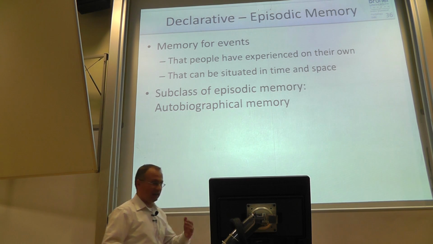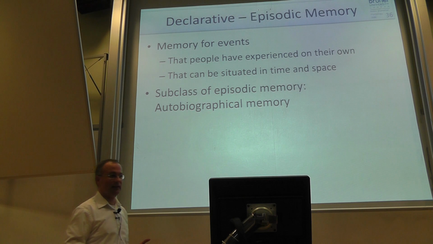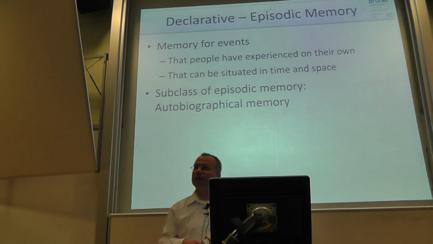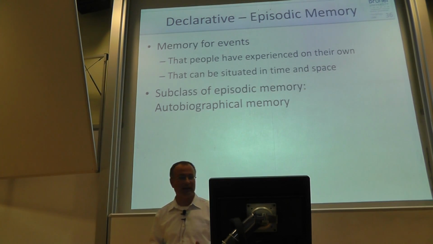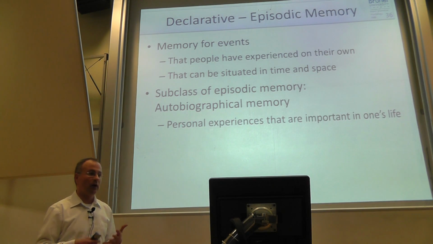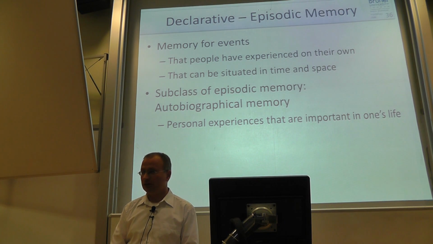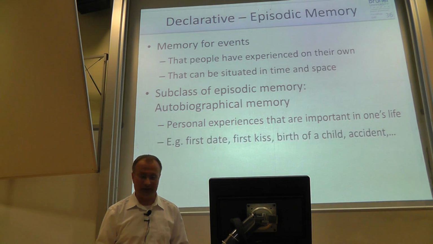So the generic category of episodic memory has a specific subclass which is often treated slightly separately, and this is autobiographical memory. This is memory for personal experiences which are very important for our life. This can be a lot of things.